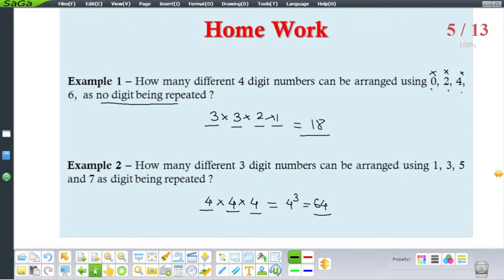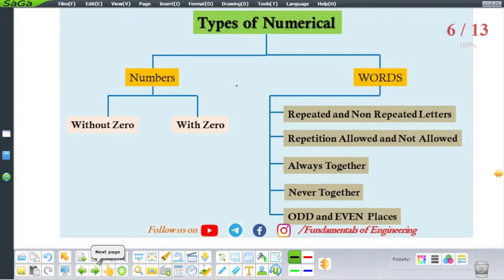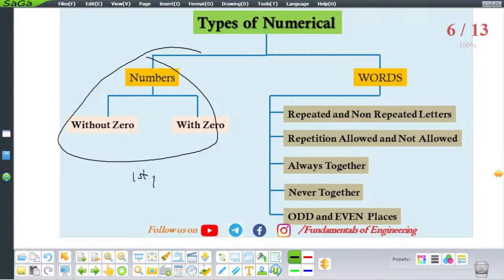Now we'll move toward the next part. In the first part we have seen the number problems. Now we are going to see the next part, that is words. Today we are going to discuss only these two parts: repetition of letters allowed and repetition of letters not allowed. Hope you have corrected all the points.